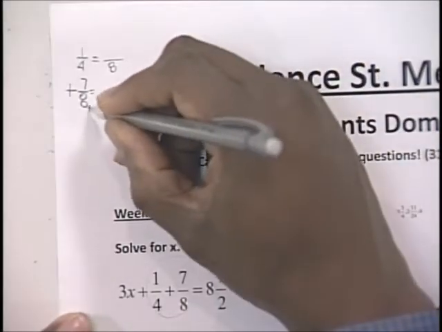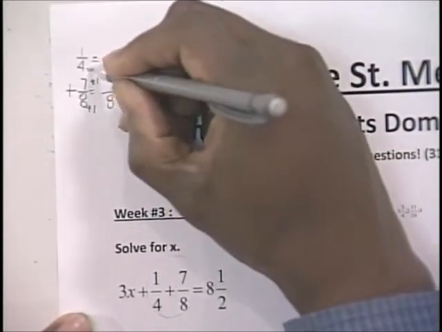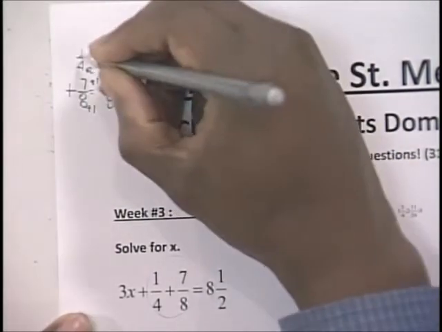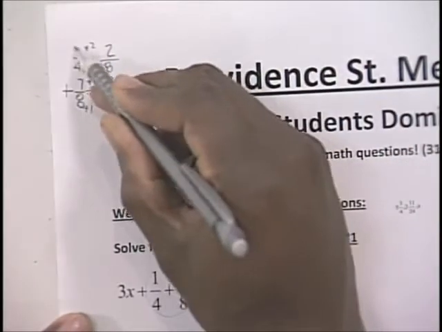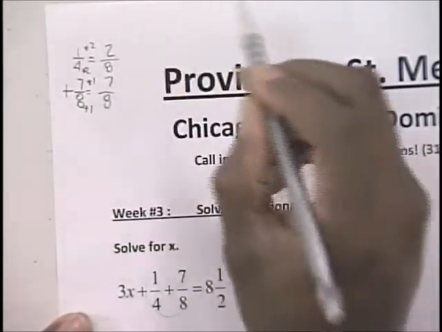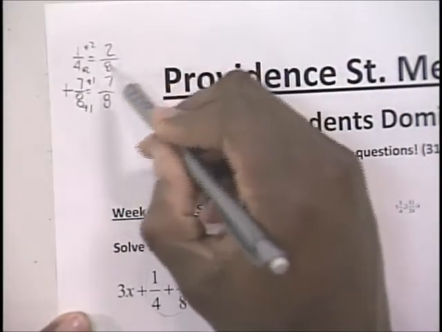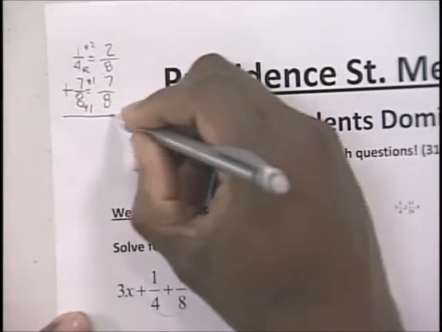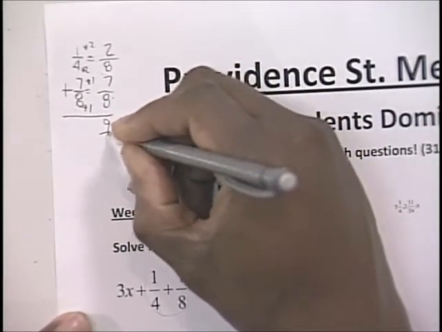All right, so you multiply this by 1 to get 8. You multiply this by 1 to get 7. You multiply this by 2 to get 8. And you multiply this number by 2 to get 2. There's no difference between 1/4 and 2/8. It's the same value. You add these fractions together and you get 9/8.